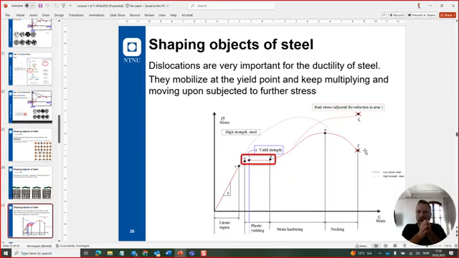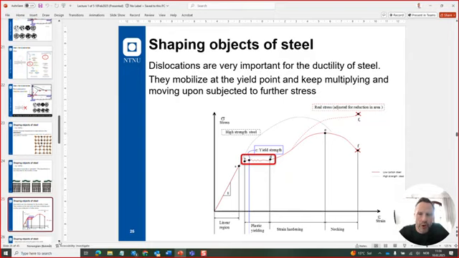Because we keep ourselves to this part of the graph for the reasons mentioned. We don't like our casings or pipes or whatever steel parts of the wellhead or valves we are designing to deform. We want them to stay exactly how they are.